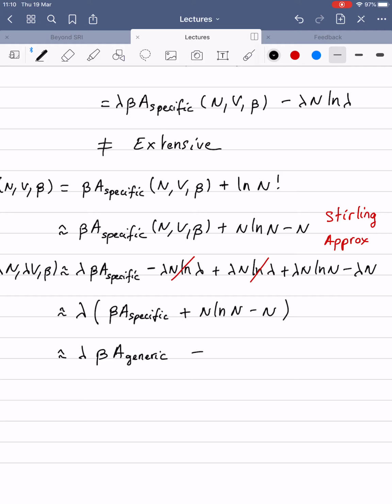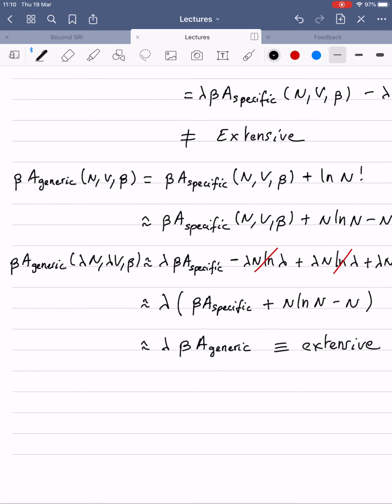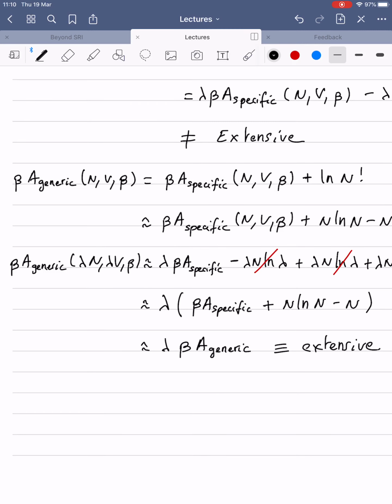And then this is extensive. So what we see here is that if we take this prescription of looking at generic phases, then this Helmholtz free energy is extensive. So that's what I want to say here.